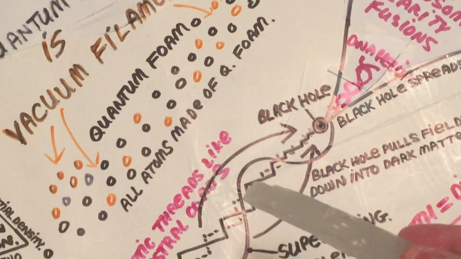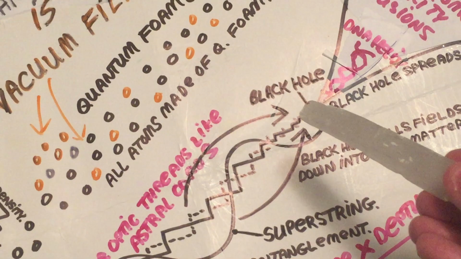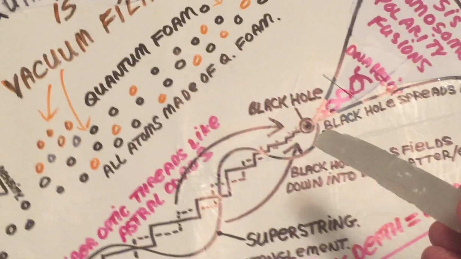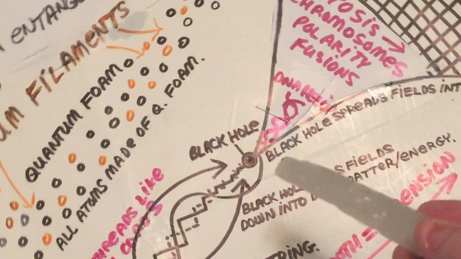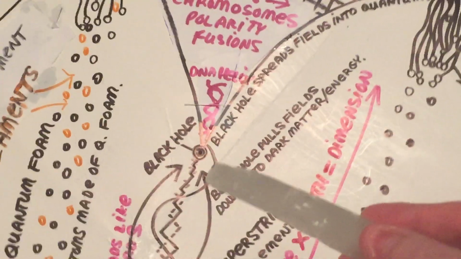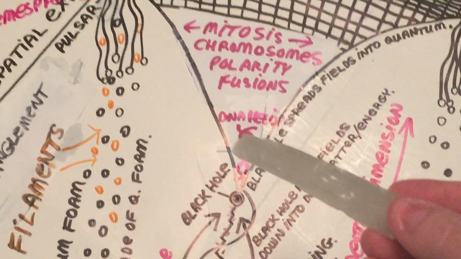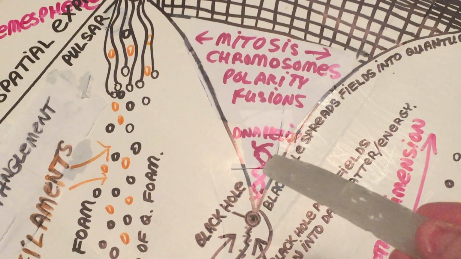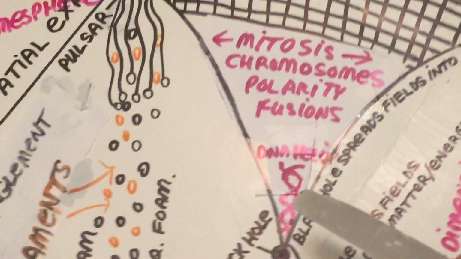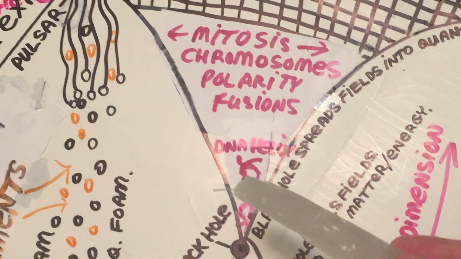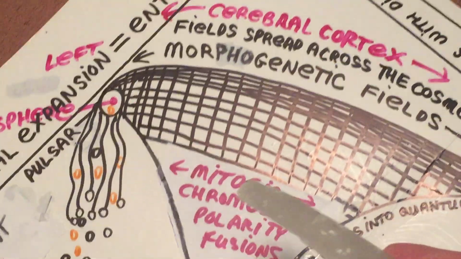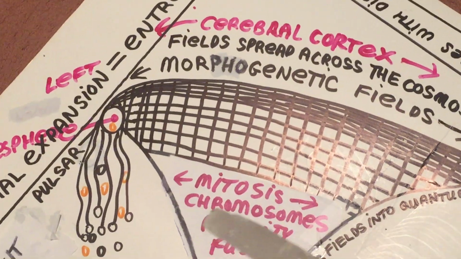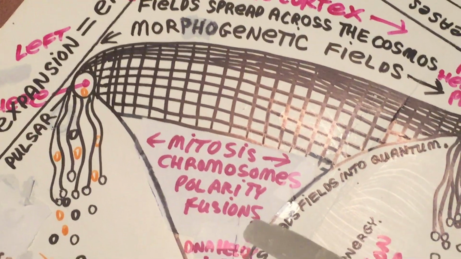As we get to the superstructures of such things as black holes, the life force that is sent throughout the universe builds a DNA helix in us. The field creates mitosis, chromosomes, polarity, and fusions.